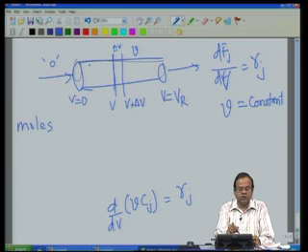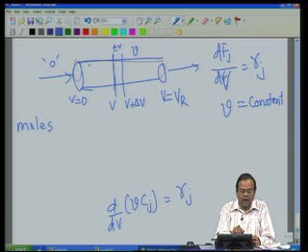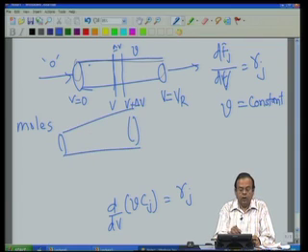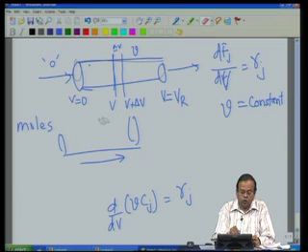That means cross sectional area is constant, and mind you, that is not necessary. We may have reactors which will look something like this, where the diameter changes along the axial direction of flow. There are situations where reactors look something like this. So, we are not considering those reactors.